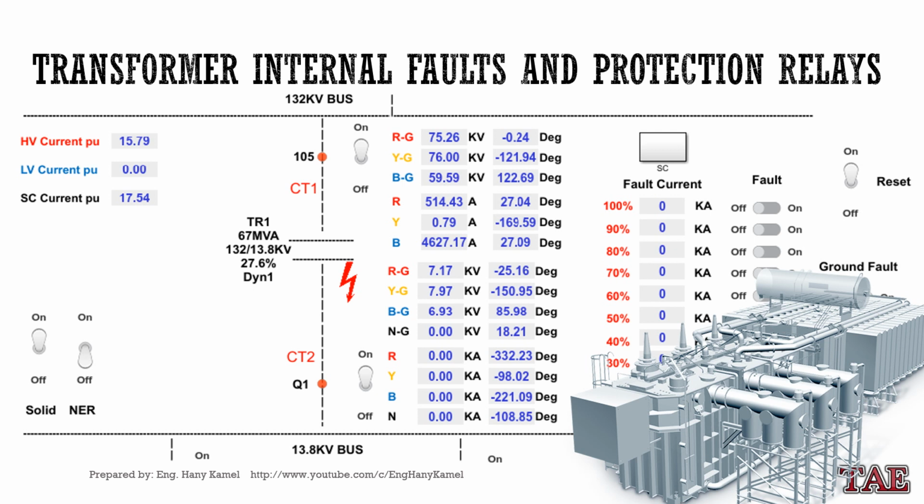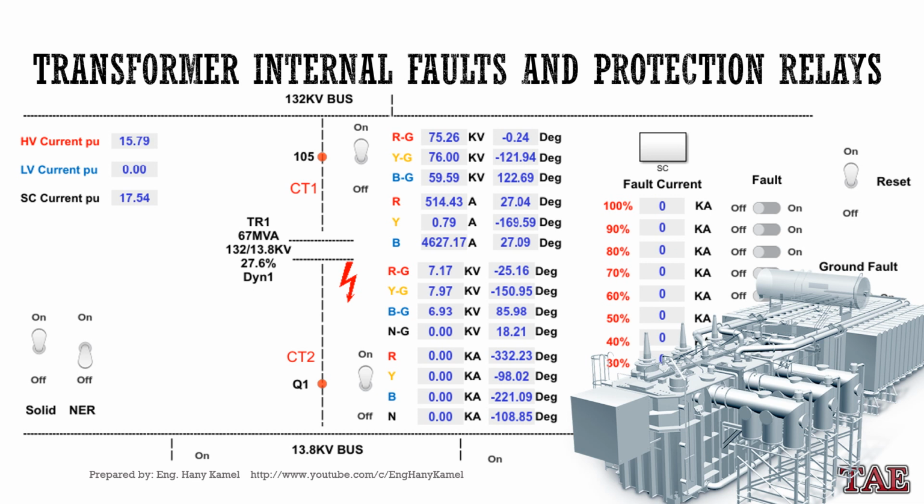I am Engineer Hani Kamil, and in the previous video we talked about transformer external faults and how our transformer is protected, and how the protection relay isolates the transformer if the downstream protection didn't operate, and also if the fault was in the protection area of the transformer.